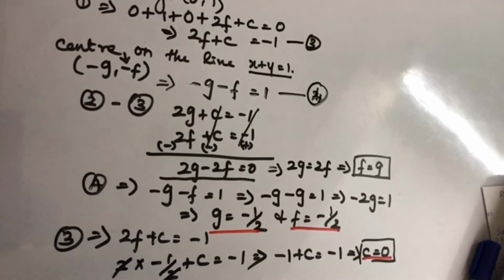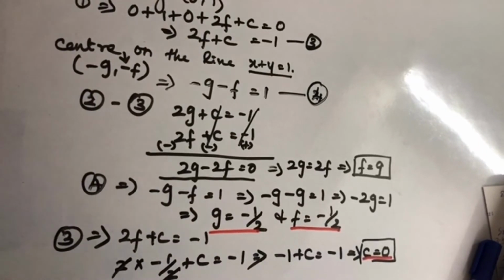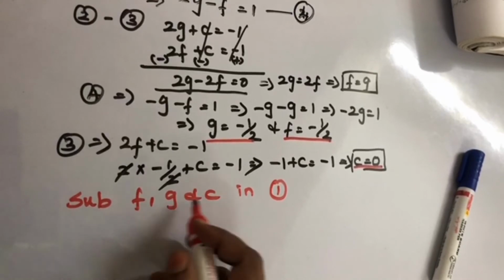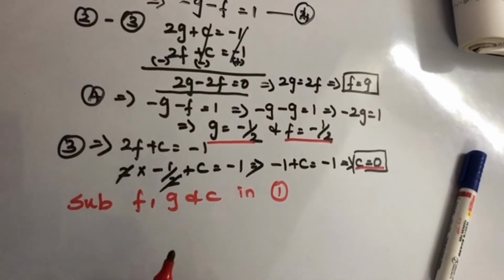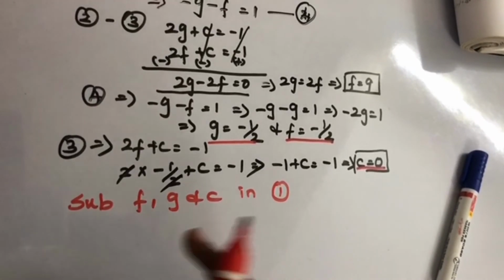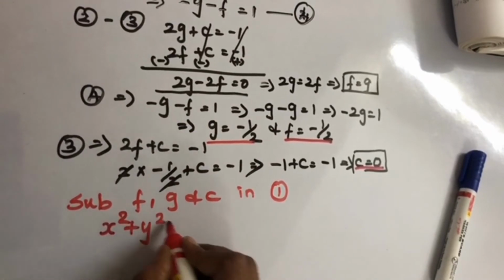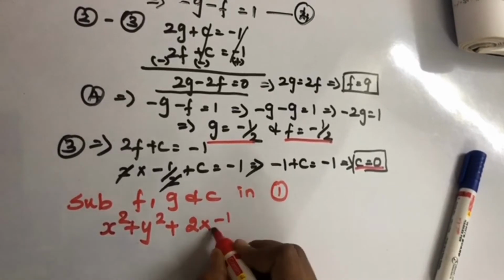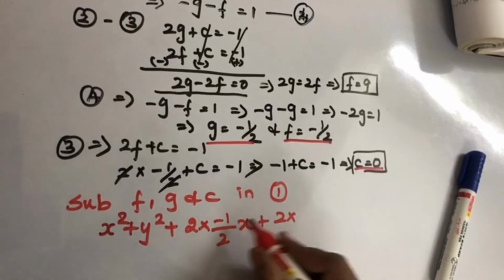equal to 0. Now, we can substitute these values in the general equation of the circle. So, now we can substitute the values of f, g and c in our equation 1. What's our equation 1? x square plus y square plus 2gx plus 2fy plus c is equal to 0. So, x square plus y square plus 2 into g, minus 1 by 2, x plus 2 into, what is our f?